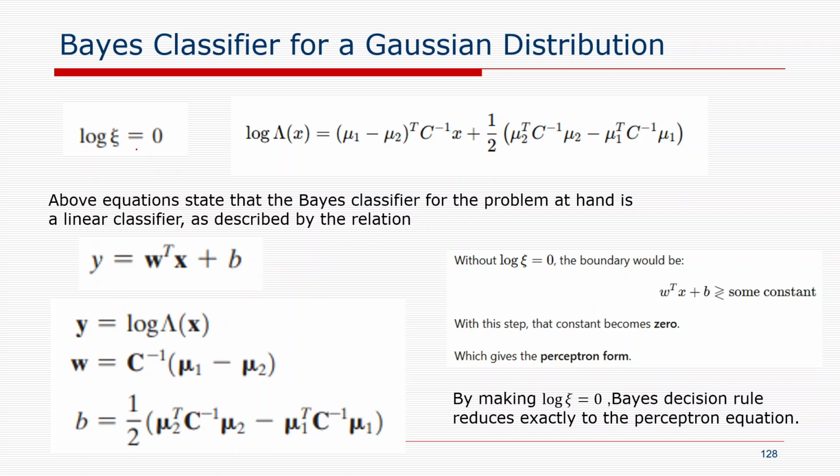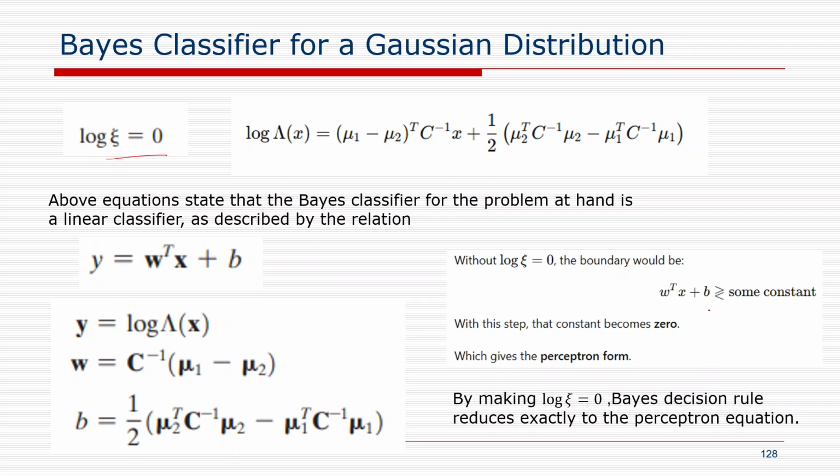Now, why have we taken log xi equal to 0? Why did we need that? Because if we don't take this particular condition, then our perceptron equation was w weight vector transpose x plus b. And when we have to make a decision, we have to consider some constant, but at that time we will not know whether it is greater than or less than.